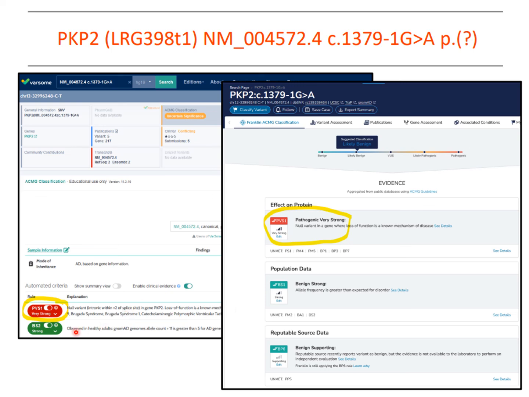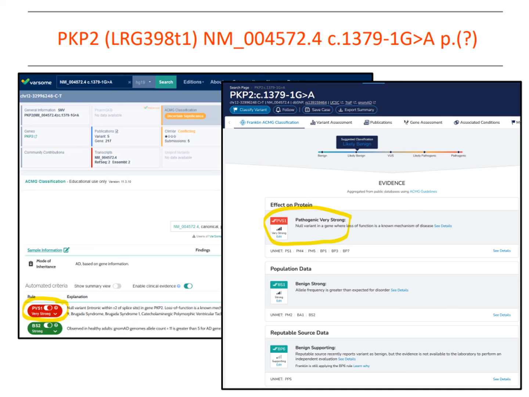Here, of course, VarSome says it's BS2 strong because it's very common. I told you that it's 38 times in gnomAD, and Franklin also says it's benign, maybe likely benign, but still they call PVS1 very strong. If this evidence were not there, then you might have a false positive here.